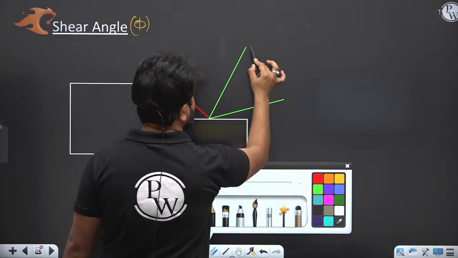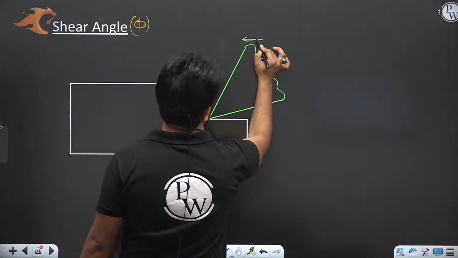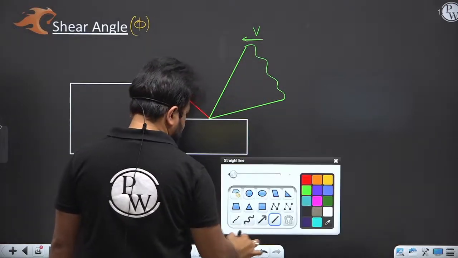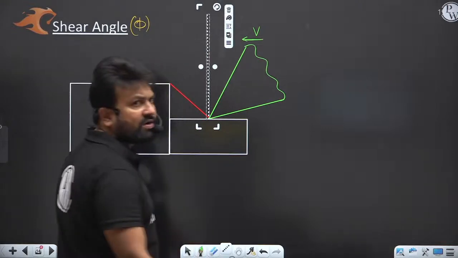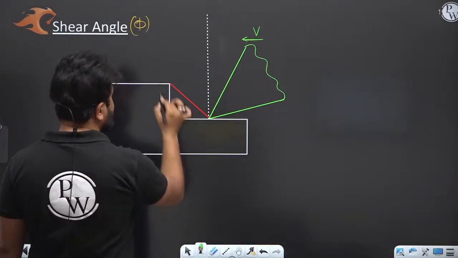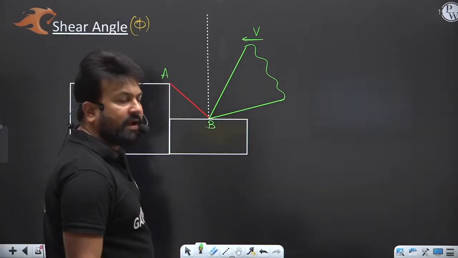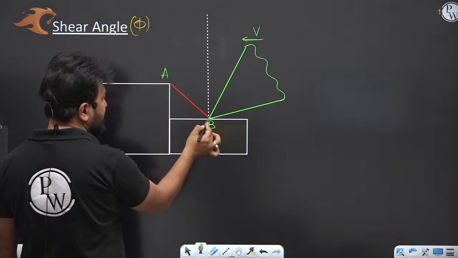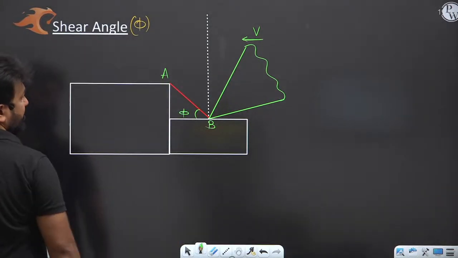Here you can see the tool moving toward the workpiece with the cutting velocity, and this is a reference line or normal line. Here you have seen the shear plane, and the inclination of the shear plane from the horizontal is the shear angle.